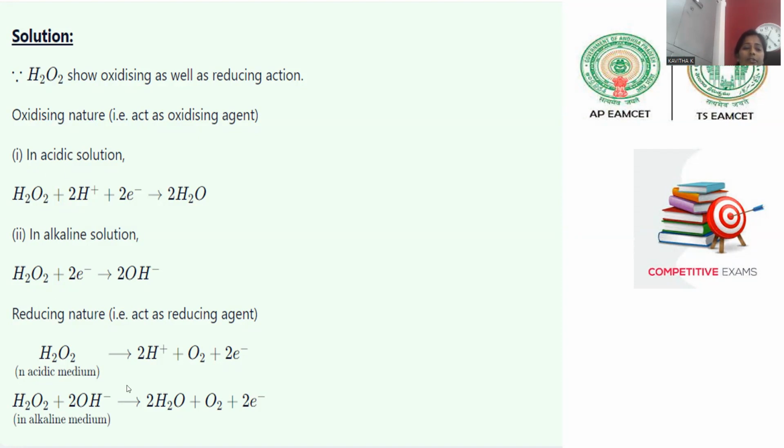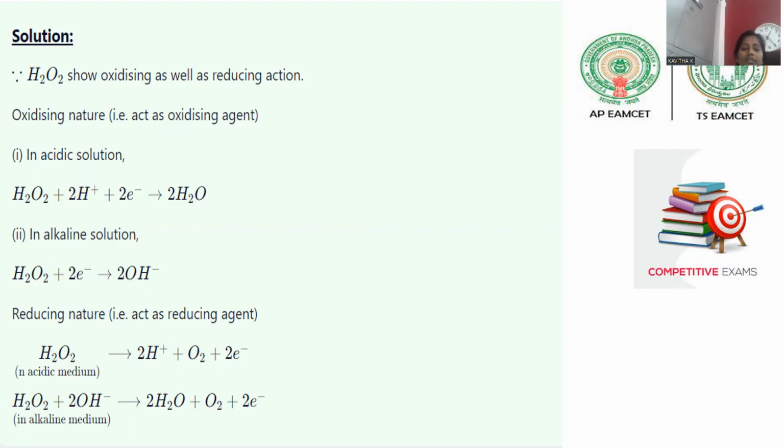Go with hydrogen peroxide if it is releasing H plus, oxygen and 2 electrons. Whenever 2 electrons are released in the reaction, that is a kind of oxidation. Whenever the substance is oxidizing itself, it acts like a reducing agent. It will reduce others. It will be oxidized.